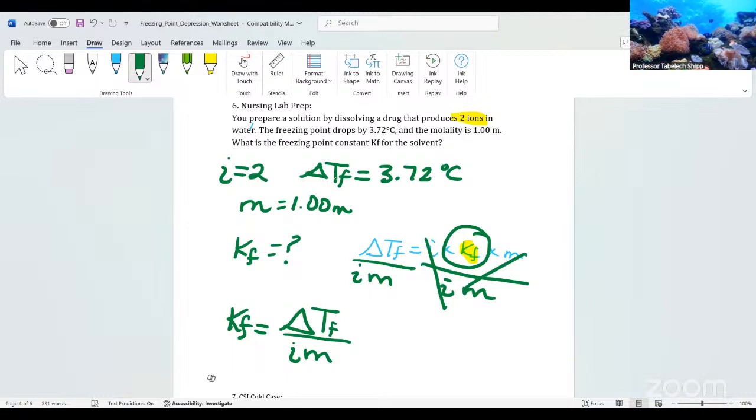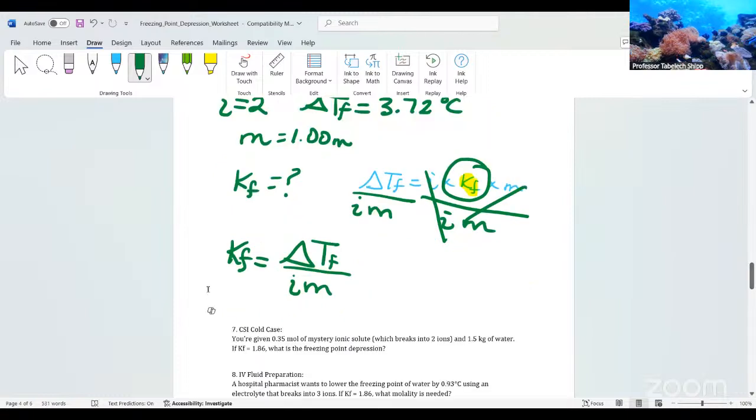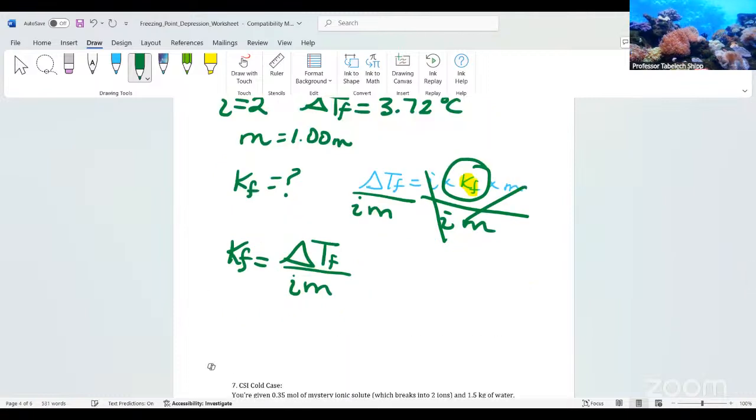So if you're given the main formula, rearrange it to solve for the other ones so that you know what the other formulas are going to be for molality, for instance, the Van't Hoff factor, the freezing point constant, or the freezing point in general. Be mindful of that. You want to write those formulas down, so all you have to do is use the one that you need.